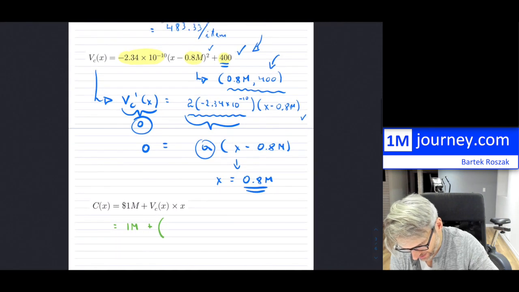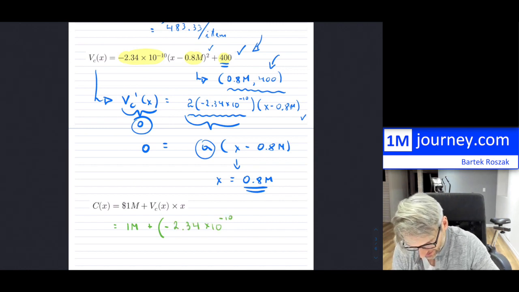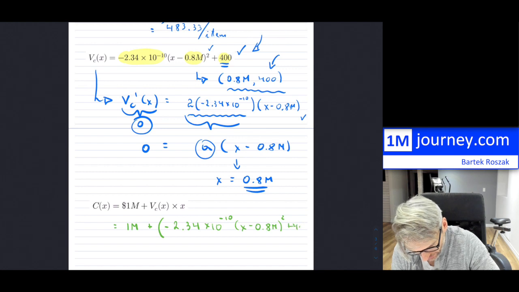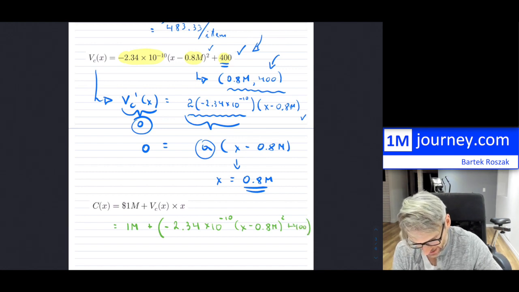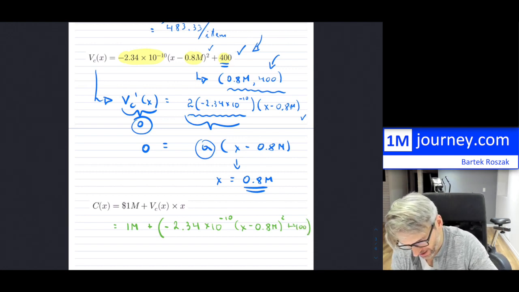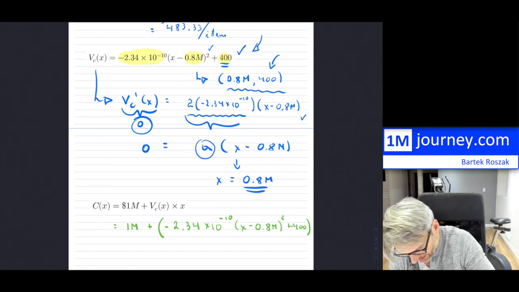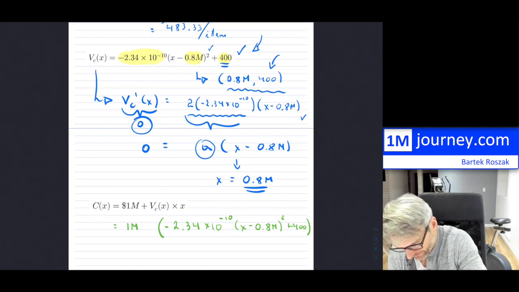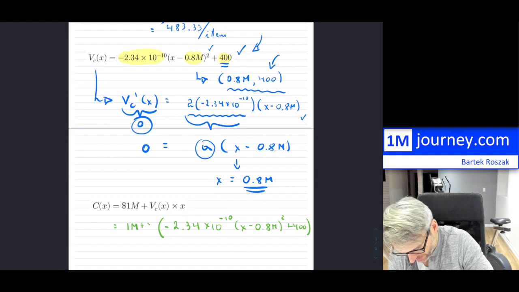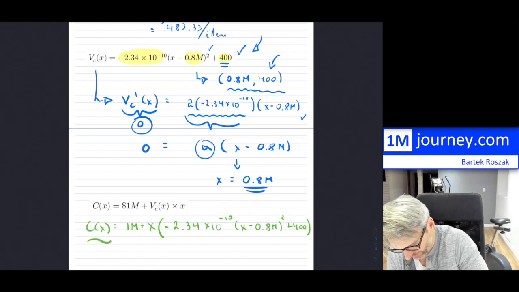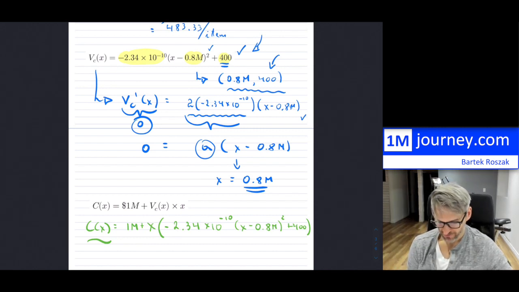So that is negative 2.34 times 10 to the minus 10, all of x minus 0.8 million squared plus 400. And then all of this is multiplied by x. I'll put the x in front there instead of in the back, so plus x. And that would have been my cost function in here. Okay, so that's what I have.